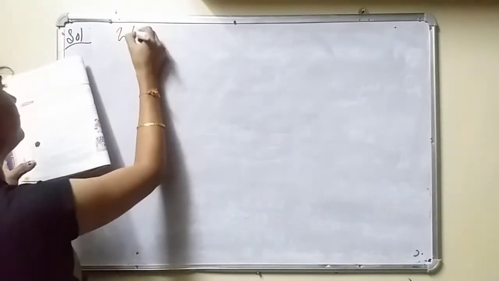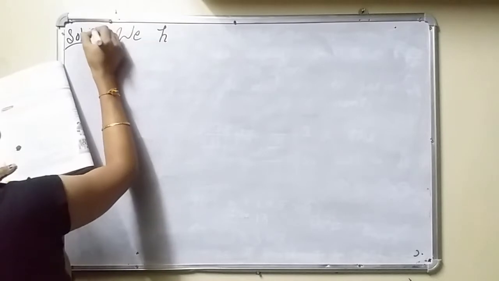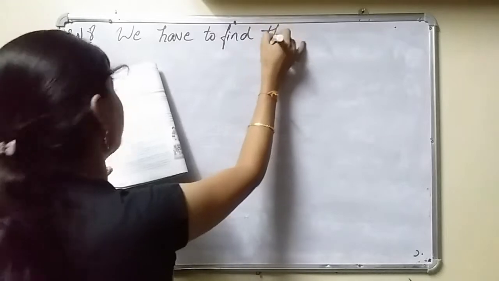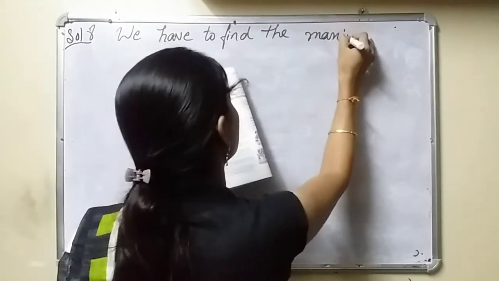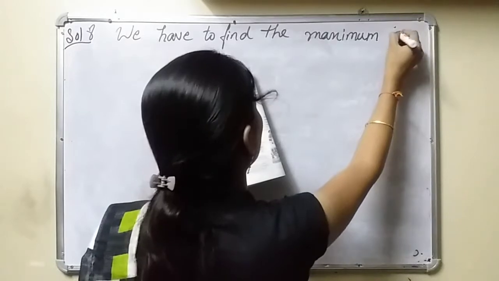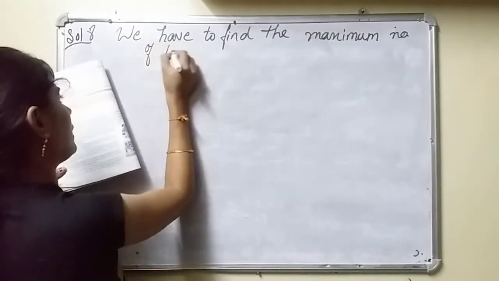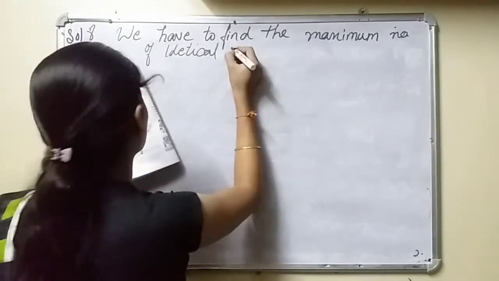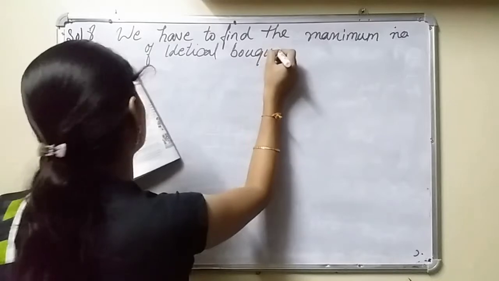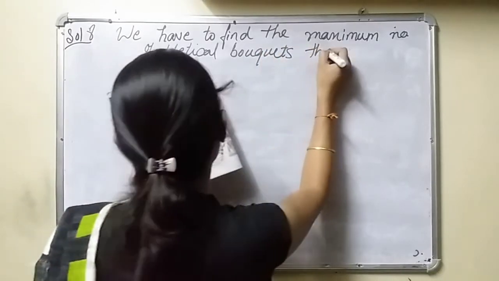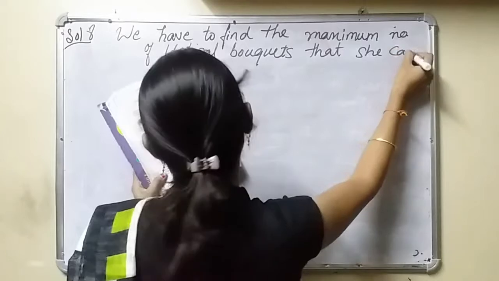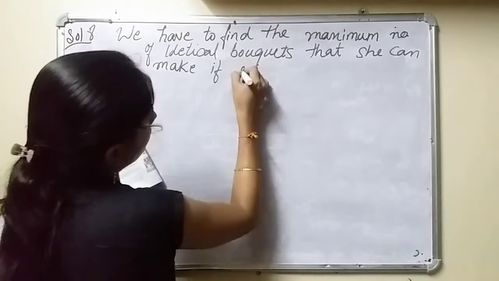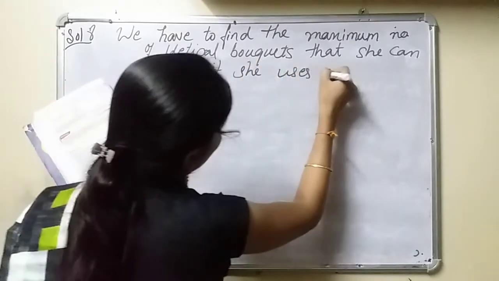We have to find, it's question number 8, the maximum number of identical buckets that she can make if she uses all the flowers.